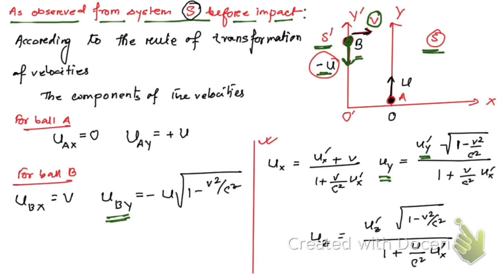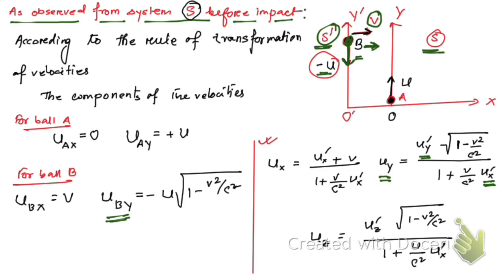And here you see ux dash is the velocity of ball B in this formula with respect to this S dash frame.